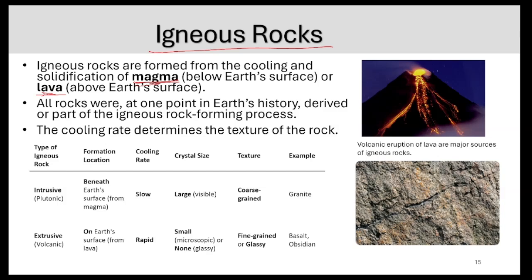Igneous rocks can be categorized into two categories, namely intrusive or plutonic, and extrusive or volcanic, and these categories are mainly based on the cooling rate.